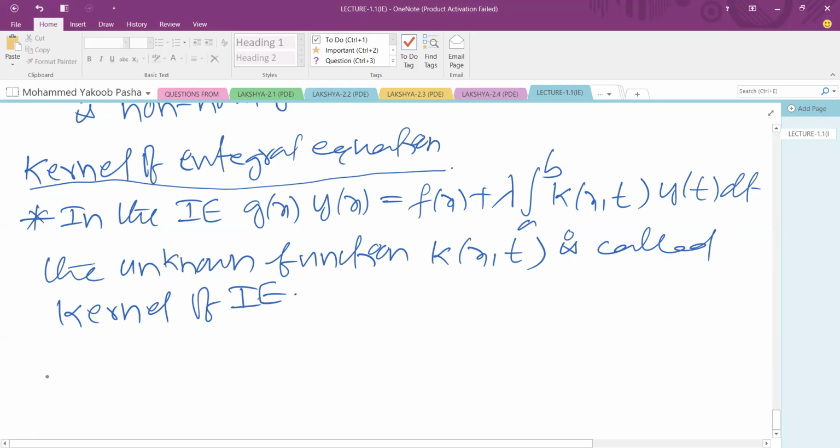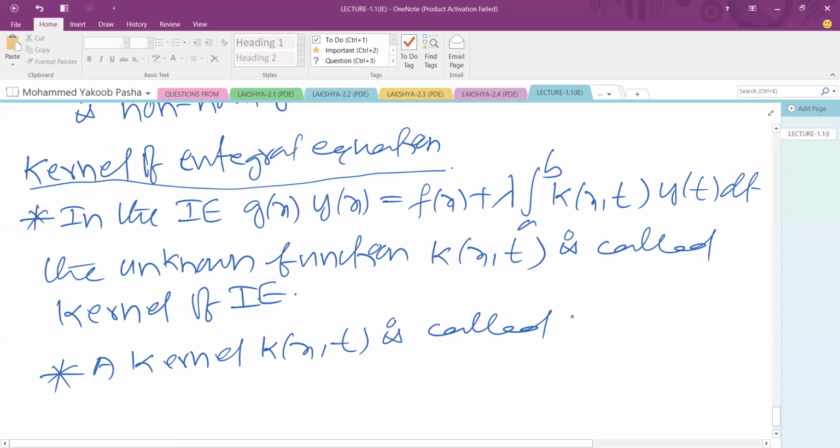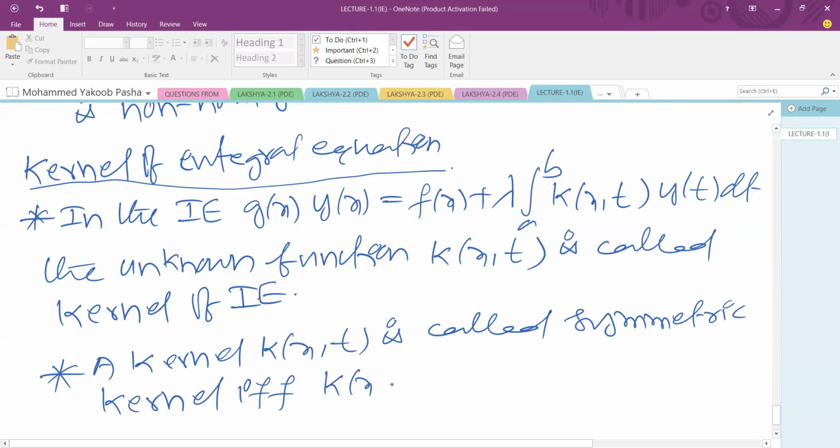And this kernel is said to be symmetric. A kernel k of x comma t is called a symmetric kernel if and only if k of x comma t is equal to k of t comma x, the symmetric property.